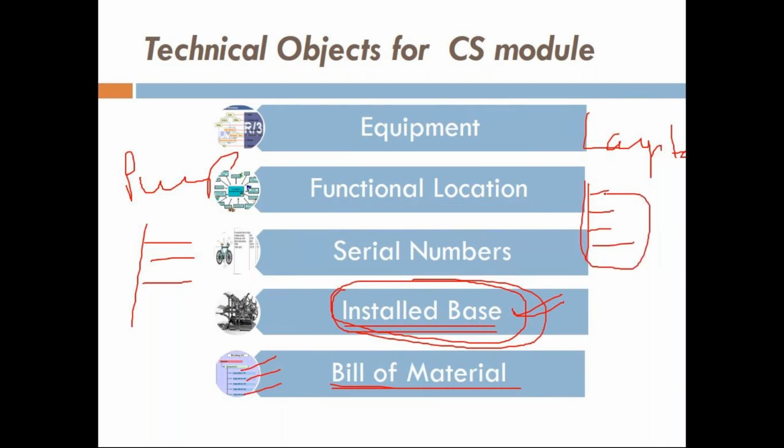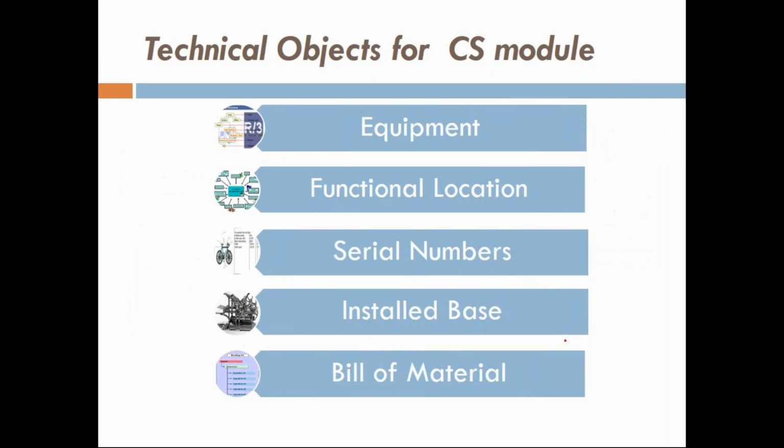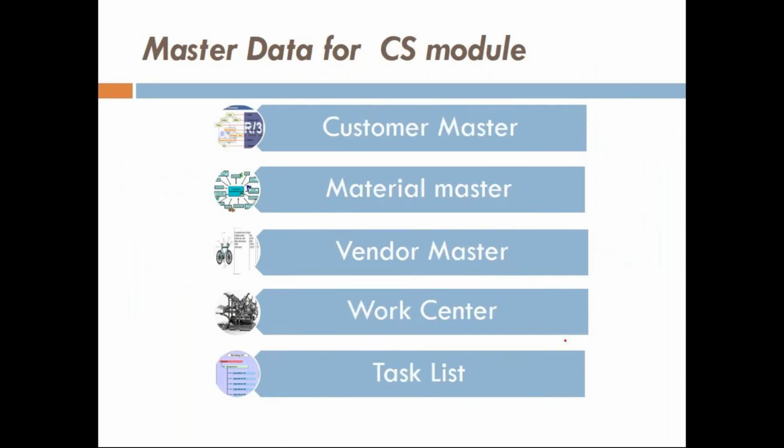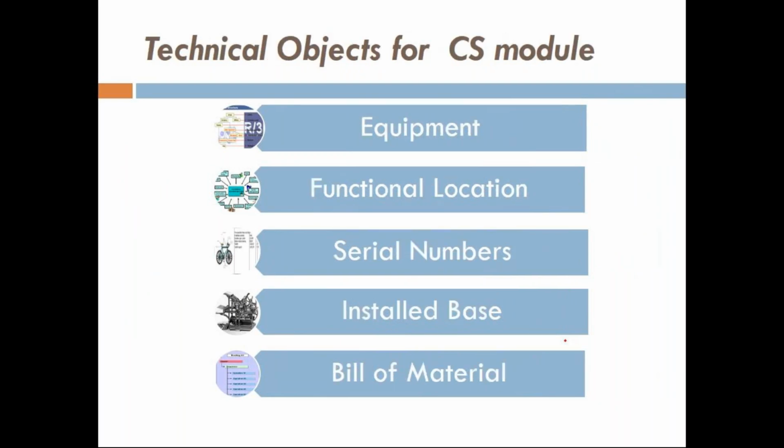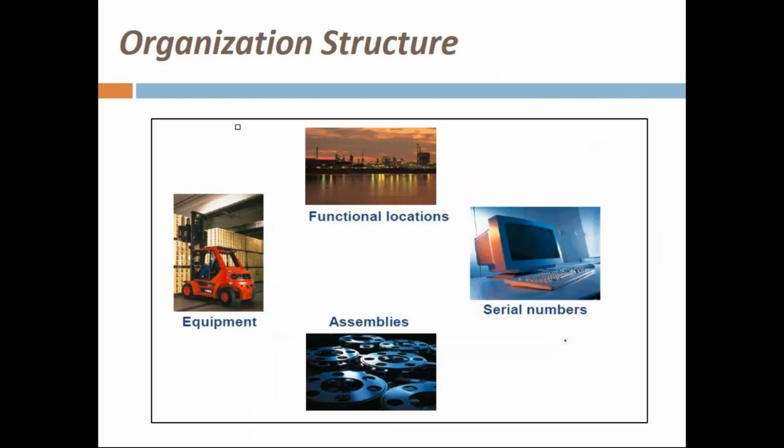All of these are put into the bill of material. How to create this bill of material, where it is used ultimately, all that we will understand. Before going into the business processes, we will be creating all the master data and the technical objects.